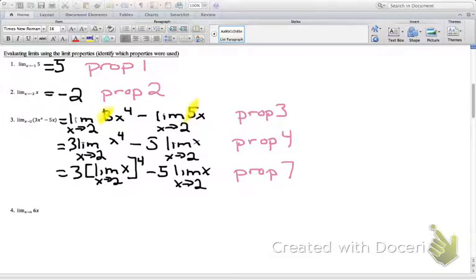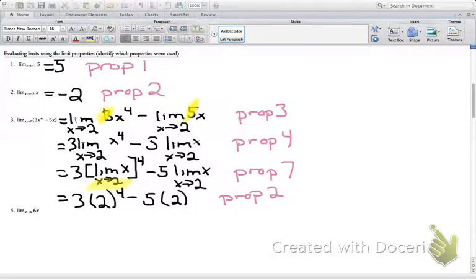The limit of x as x approaches 2 comes from property 2, the same as our example 2. So we have 3 times 2 to the power of 4 minus 5 times 2. Again, both of those come from property 2.